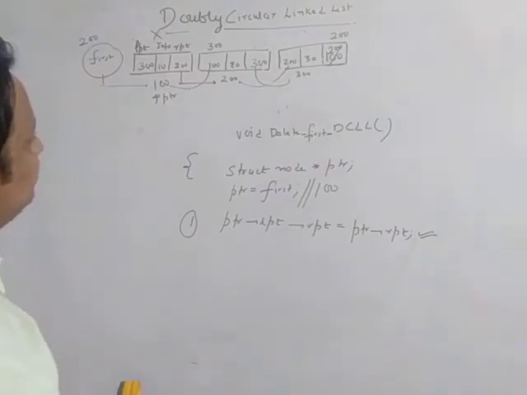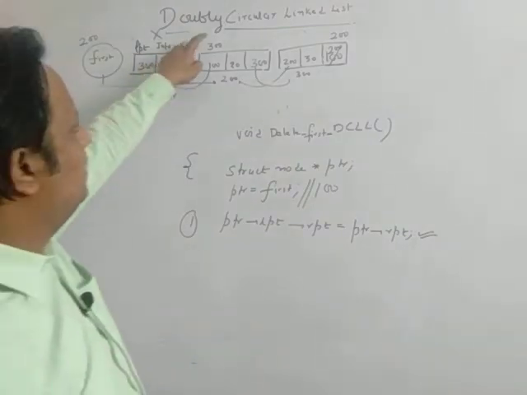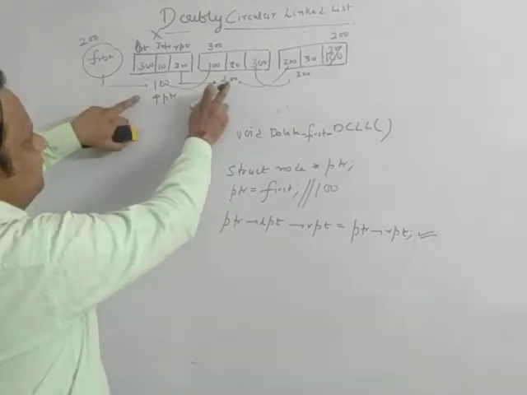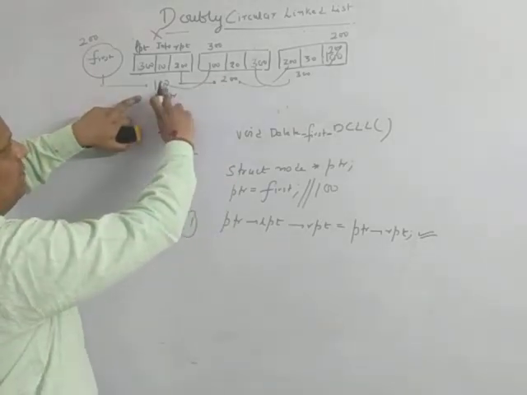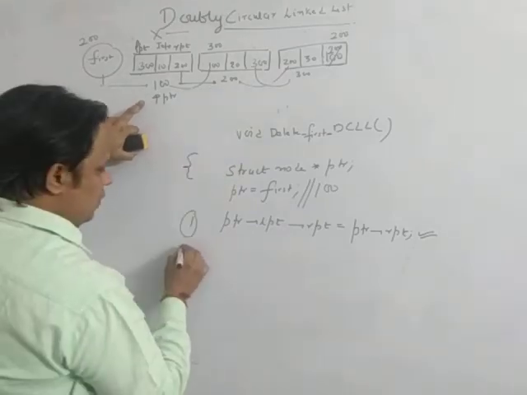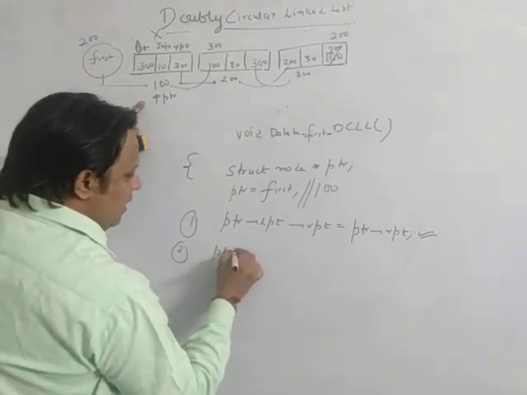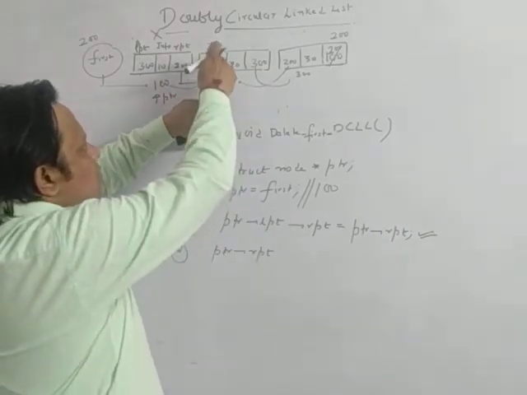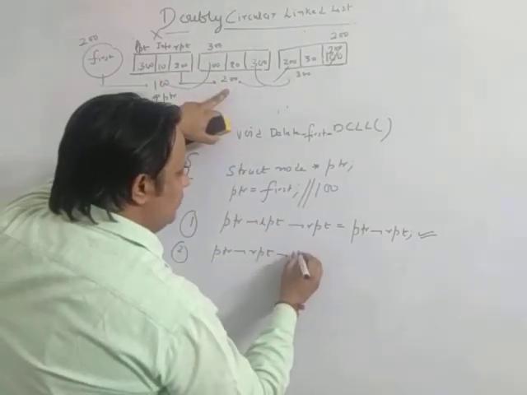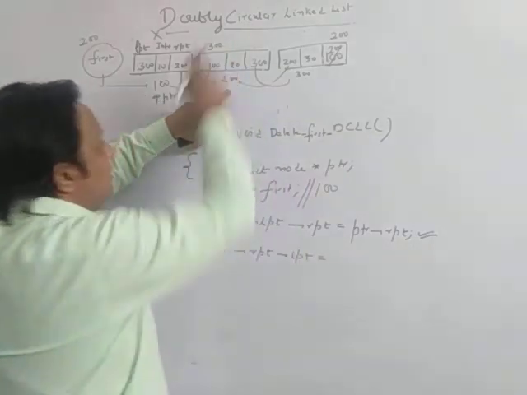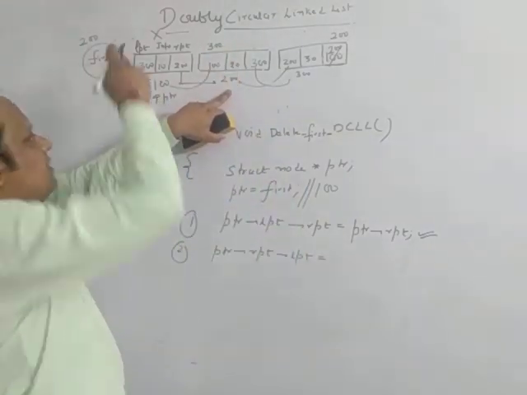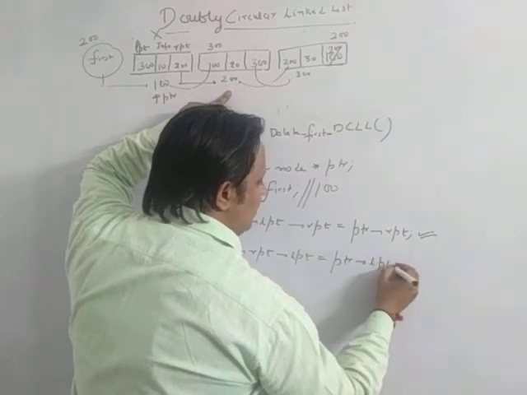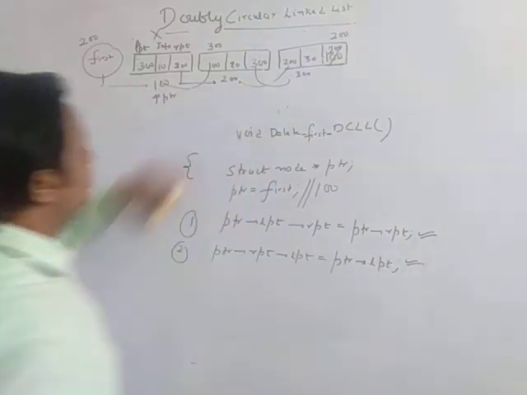Now the second change. I require a 300 here. For this you first have to target 200. So how will we reach 200? PTR arrow RPT will give me 200. And I want to change this block, which is the LPT of 200, and I want 300 here. And 300 is nothing but PTR arrow LPT. So PTR arrow RPT arrow LPT is equal to PTR arrow LPT. This is my second change.